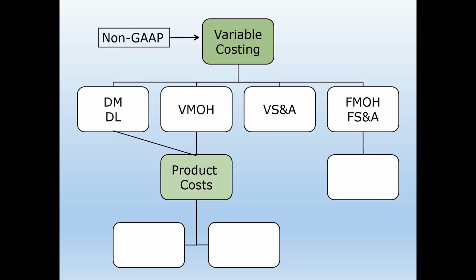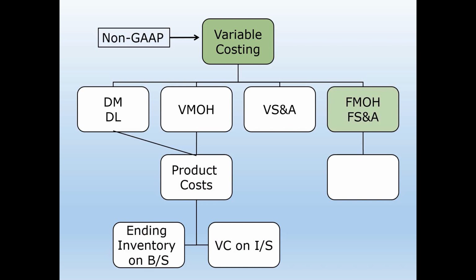What happens to these three product costs depends on what happens to the units that are attached to it. For the units that get sold, those variable costs will be considered on the income statement. For the units that aren't sold, their variable costs will be capitalized as ending inventory on the balance sheet.